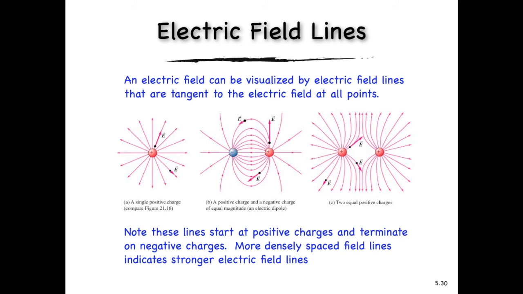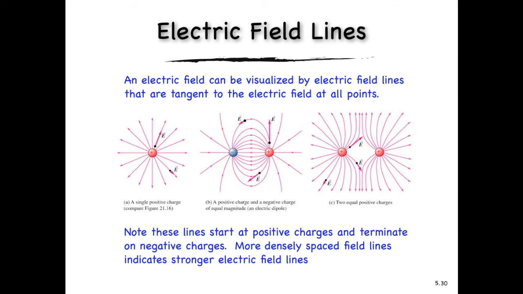But what here in this diagram do you think I could use as a proxy for the magnitude, or how strong the electric field is? What's greater in here than up here? Yeah. Well, like the lines are closer together. Yeah, the density of the lines we can use as a proxy for the strength of the electric field. So if they're closer together, that represents a stronger electric field. And if they're further apart, that represents a weaker electric field.